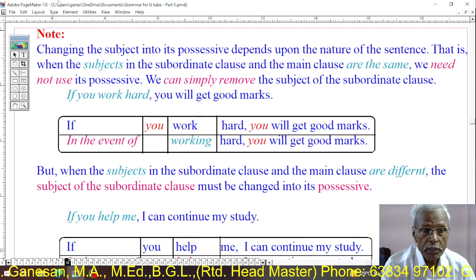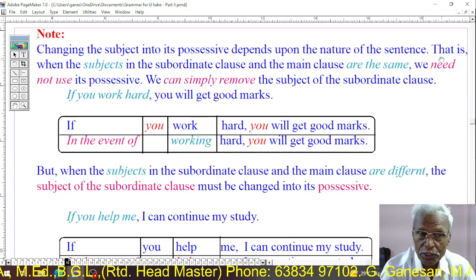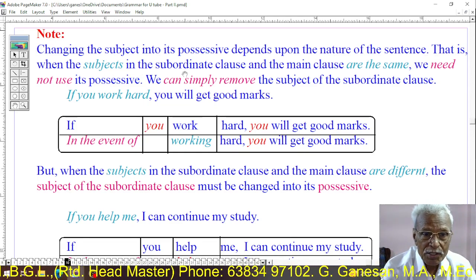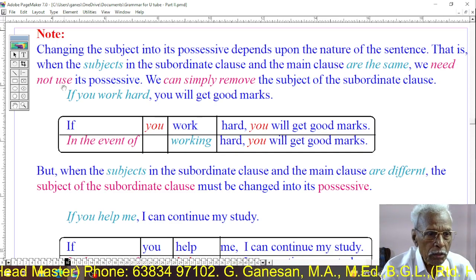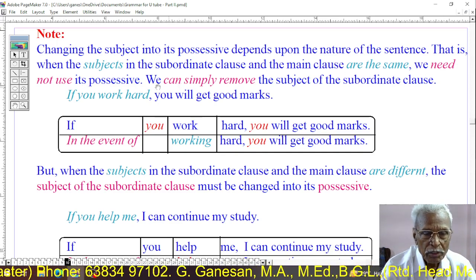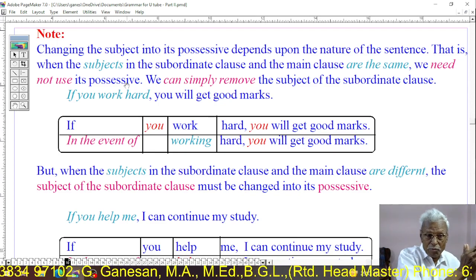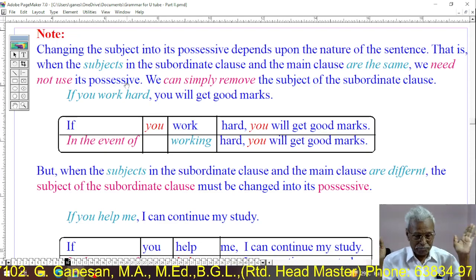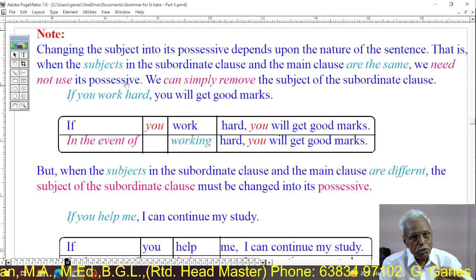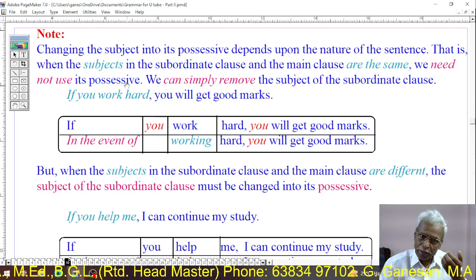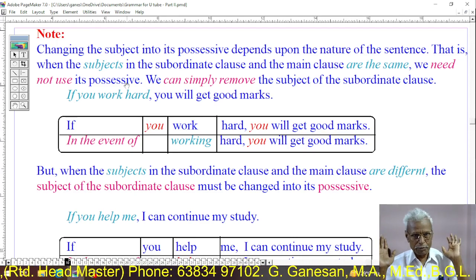Changing the subject into its possessive depends upon the nature of the sentence. When the subjects in the subordinate clause and the main clause are the same, we need not use its possessive. That subject need not be changed into its possessive, or it can be simply removed.